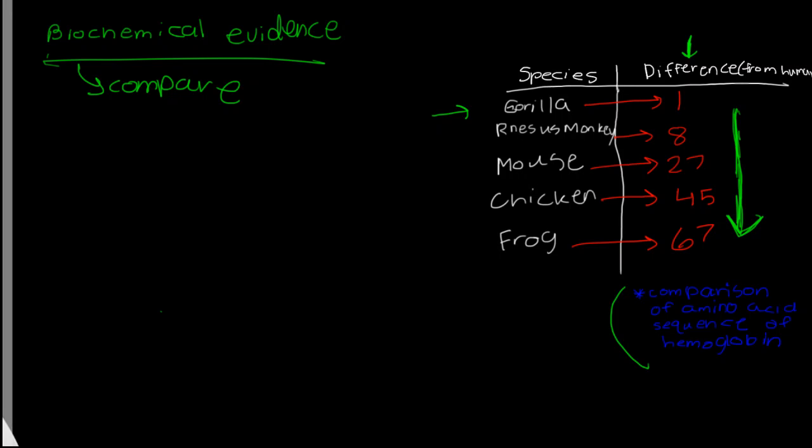So now let's move on to biogeography. Here we have a map. Let's write down biogeography first. So this is the geographic distribution of a species.